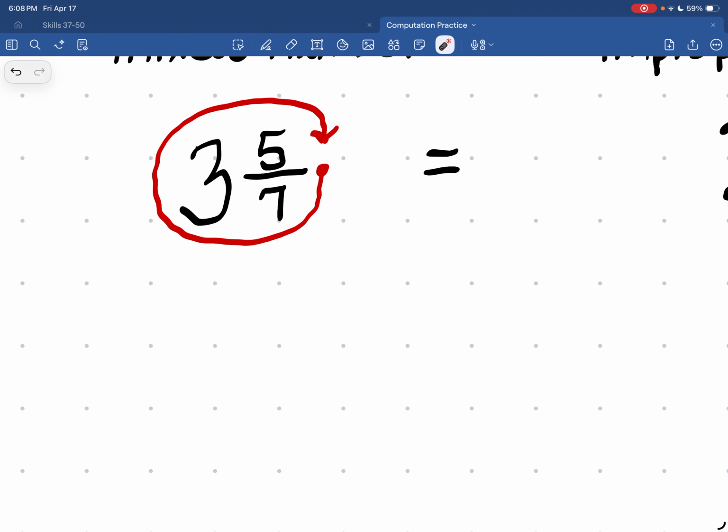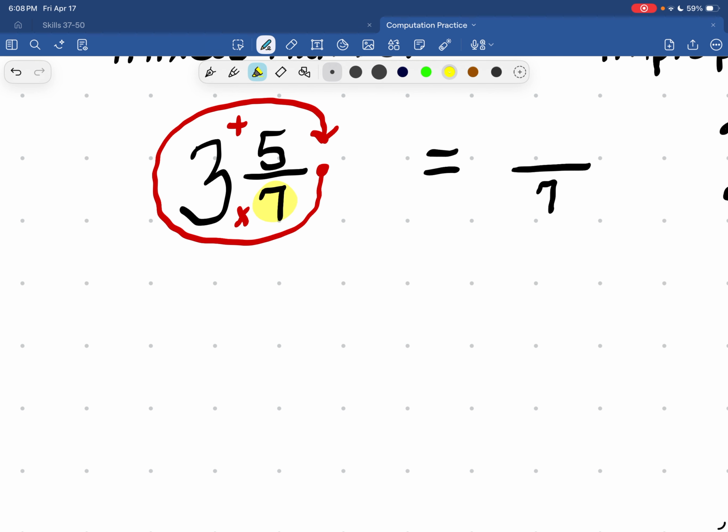And here's where the MAD comes in. You multiply, you add, and you bring over the denominator. We can already do the denominator. It's a 7. So whatever you have right here is the denominator over here. Remember, we don't have any control over that denominator. It has to just move over.